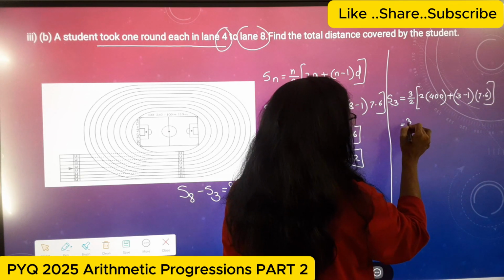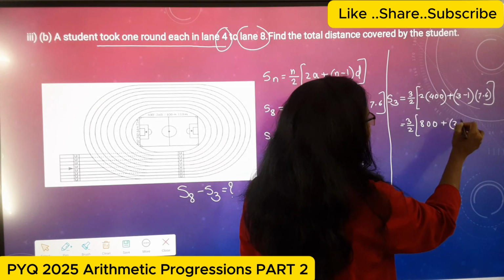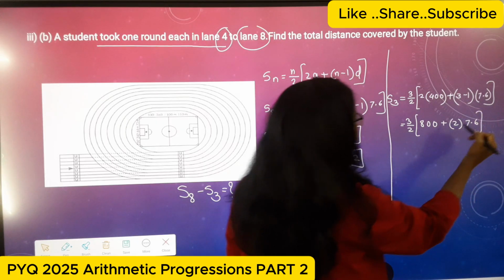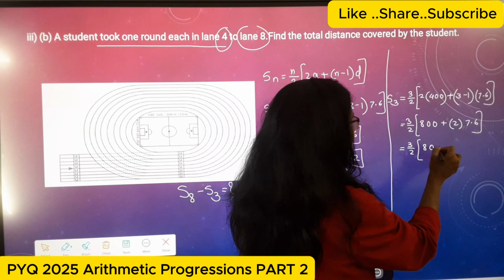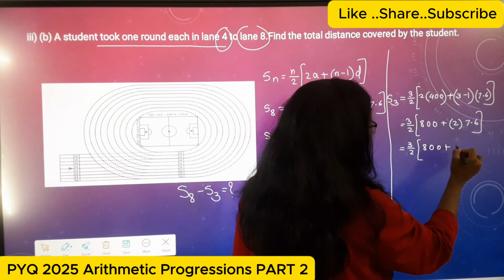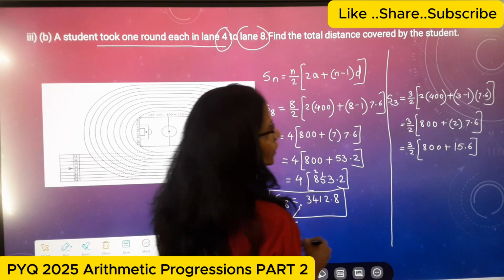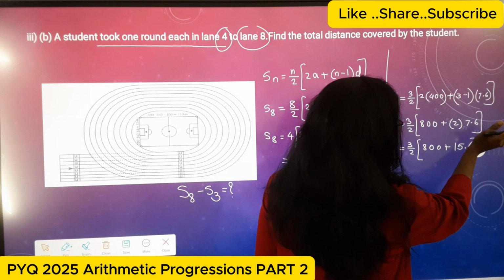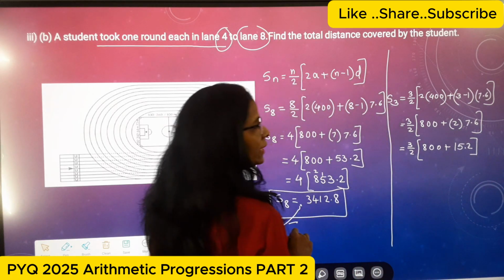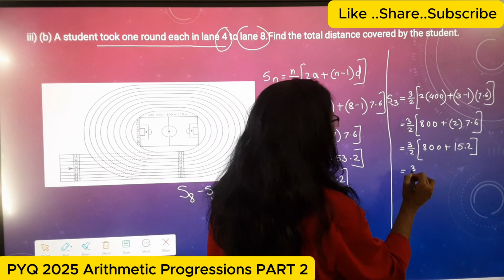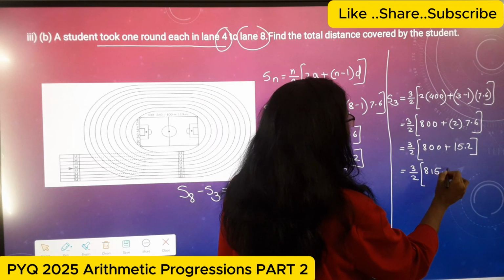Then 3 upon 2, 800 plus 2 multiply 7.6, that means 15.2. Then 3 upon 2 multiply 815.2.